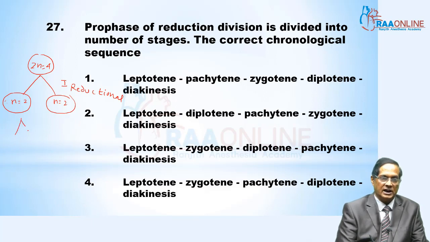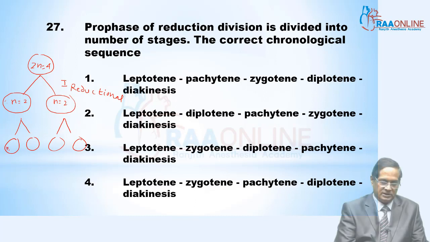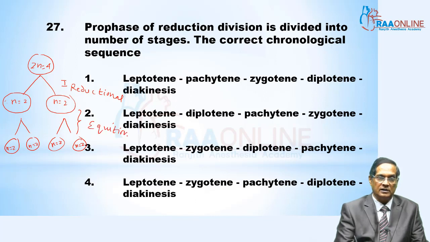Whereas in second meiosis, the number remains the same as it was at the end of first meiosis. That is, meiosis 2 is mitosis-like. So meiosis 2 is known as equational division.